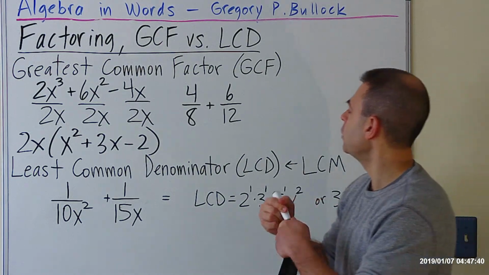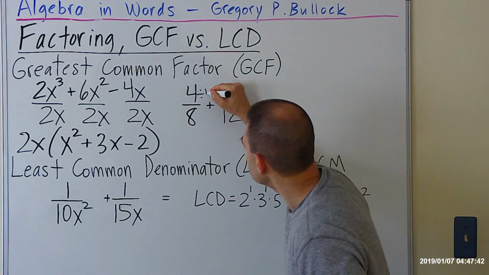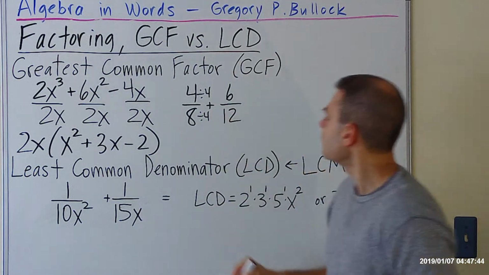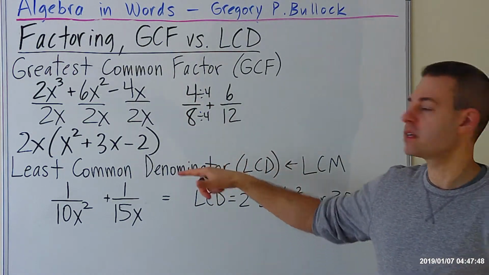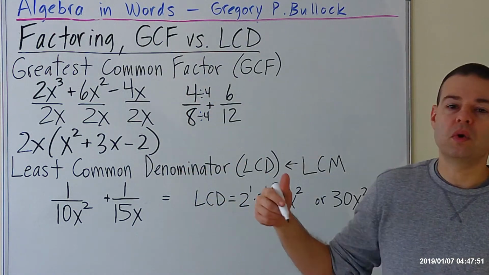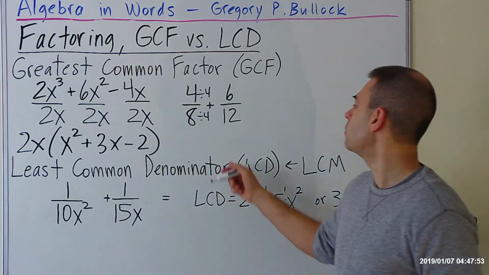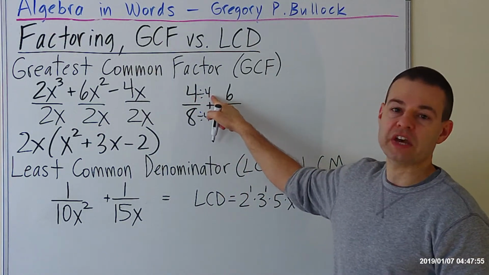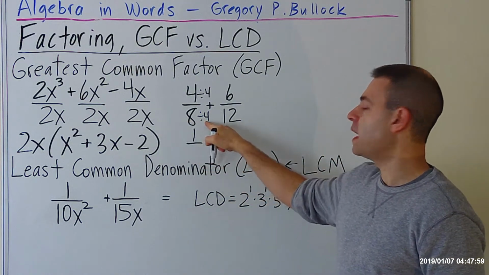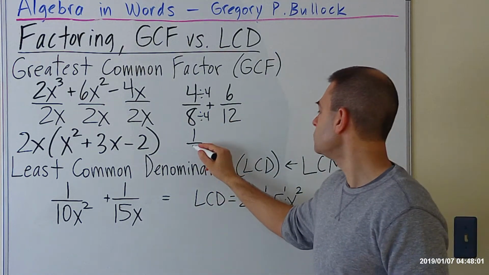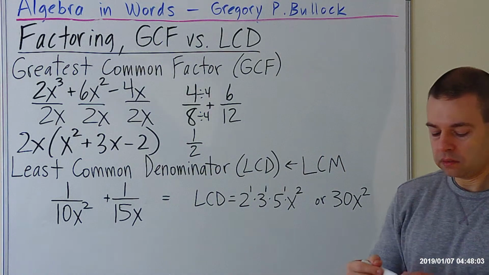And if you think of a little miniature dividing the top and bottom by the greatest common factor 4, write what the quotient would be of each one below. So 4 divided by GCF 4 would be 1, and 8 divided by GCF 4 would be 2. Alright?